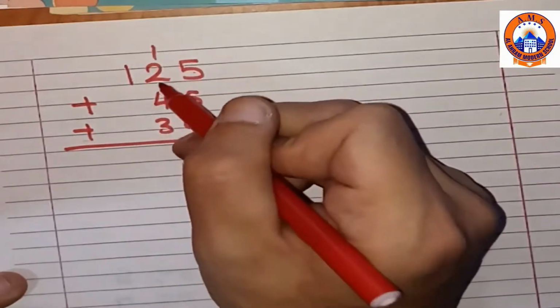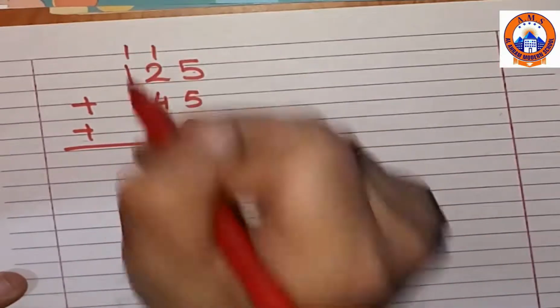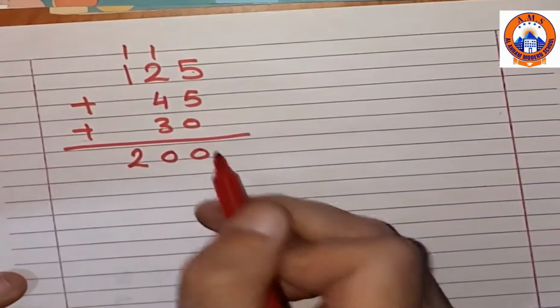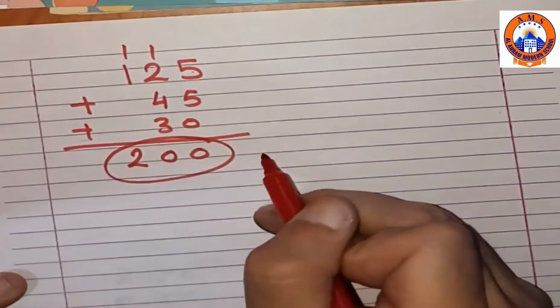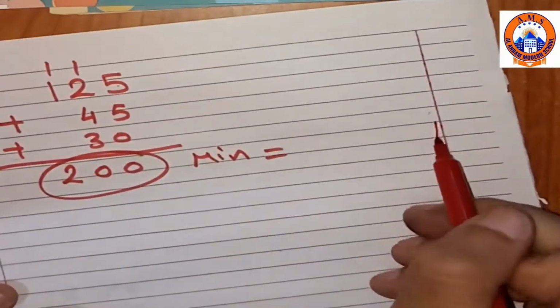Here is 3, 3 and 4 is 7, 7 and 3 is 10, 0 and carry 1, 1 and 1 is 2. So the total time is 200 minutes, and we want to change it into hours.